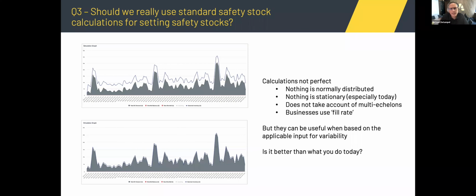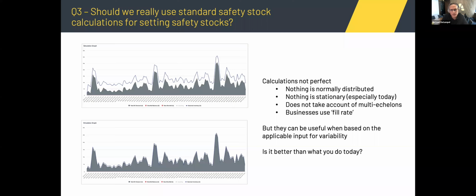Yeah, I think we highlight some key things there on the right, which is that in order to get the math to work for a lot of inventory calculations, we've made some fundamental assumptions that don't always match with reality.